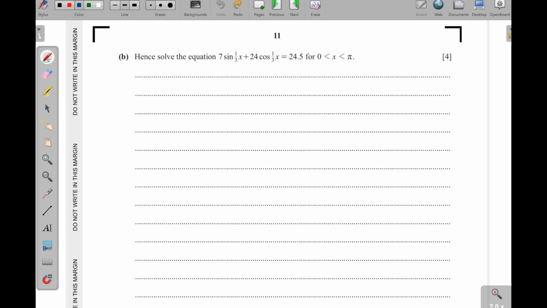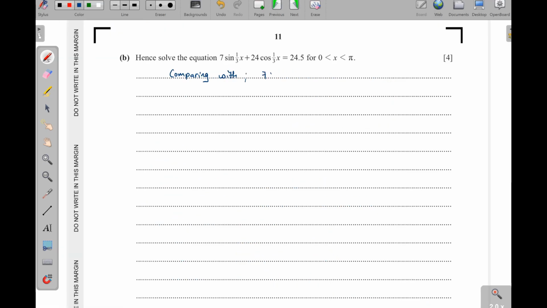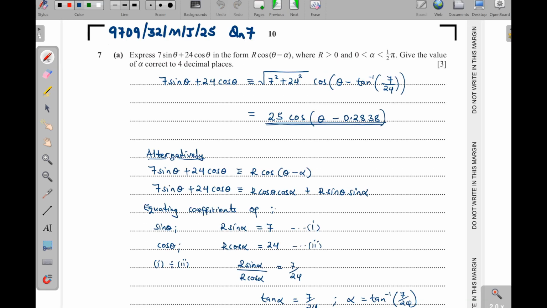Okay, now we need to compare. So comparing with 7 sine theta plus 24 cosine of theta, which is actually 25, then cosine of x, cosine of what?